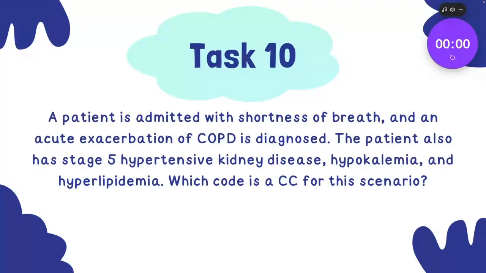Again, the principal diagnosis is the condition established after study to be chiefly responsible for the admission. So what is the principal? You don't have to give me the code number, just give me the word. Yes, it is the acute exacerbation of the COPD.